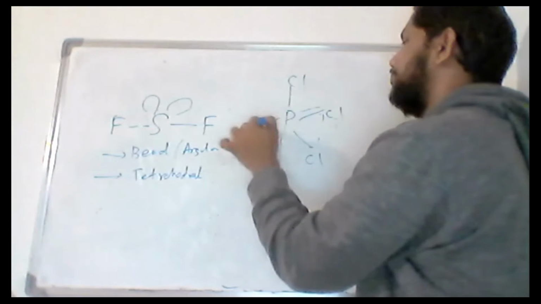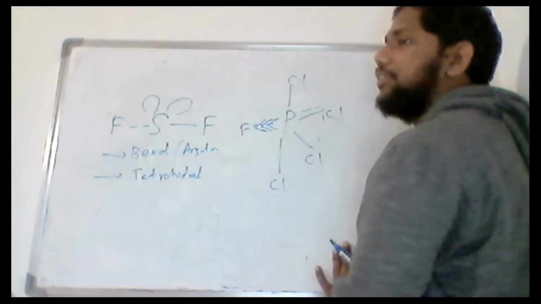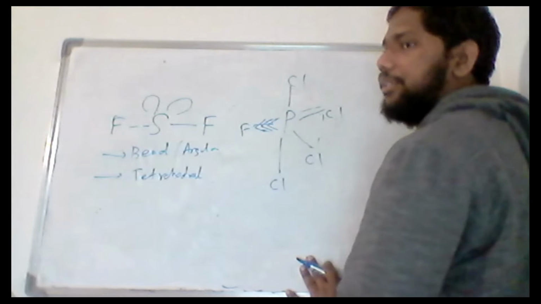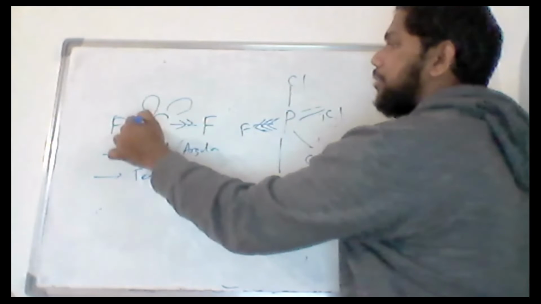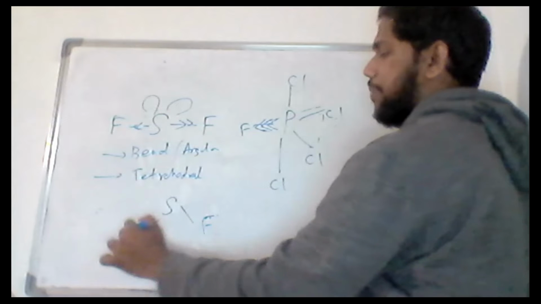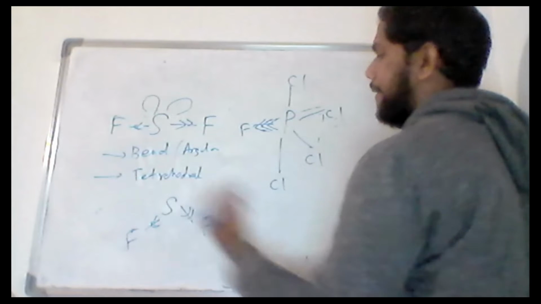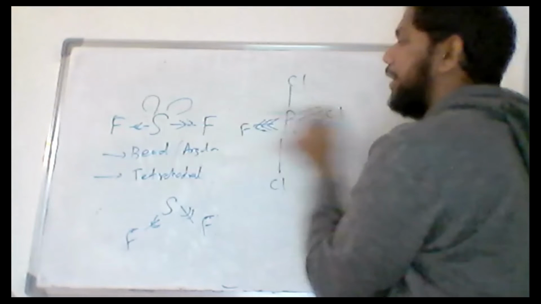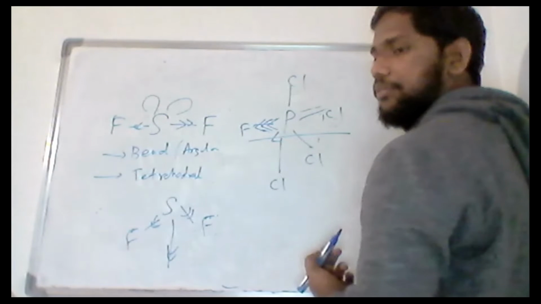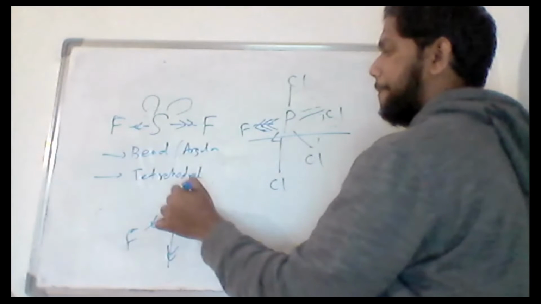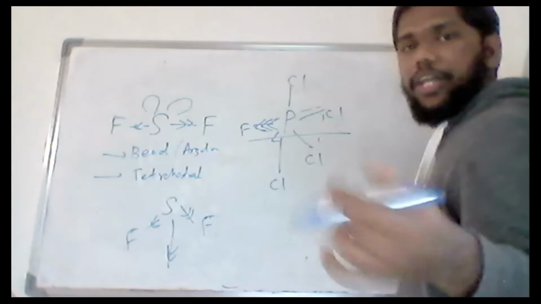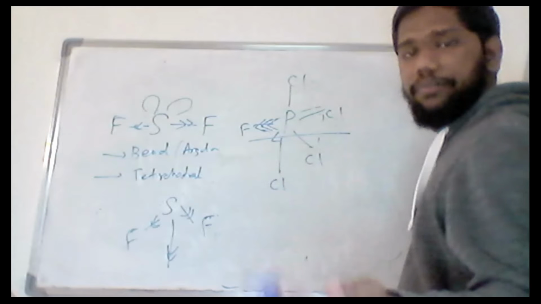So there is an electron pulling, right? There is an electron pulling. So in fact, there is a dipole moment towards a certain direction. This will have a dipole. In the similar way, you can draw SF4 and PCl3.